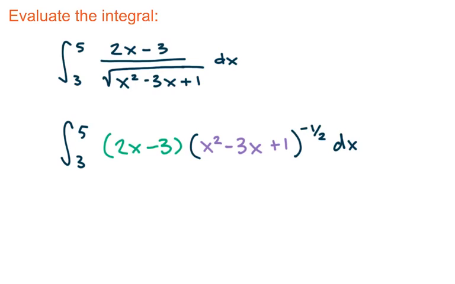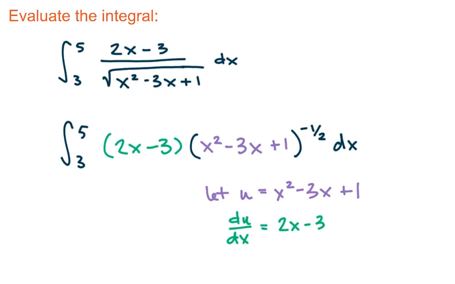Here I can do a U substitution. I'll say let U equal x squared minus 3x plus 1. Then the derivative of U with respect to x is 2x minus 3, or rather du equals 2x minus 3 dx. Of course, we always talk about changing our bounds.